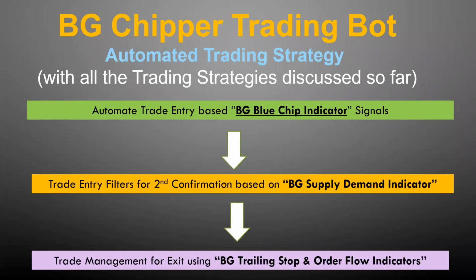Well, guess who can react even faster than you? That's it, your computer. So this is based on the blue chip signal firing up, and the machine looks at that and says, okay, we're prepared for taking a trade. It confirms it with BuySide Global Supply Demand, just like I would do. And then it manages the trade or exits by using the trailing stop and order flow.